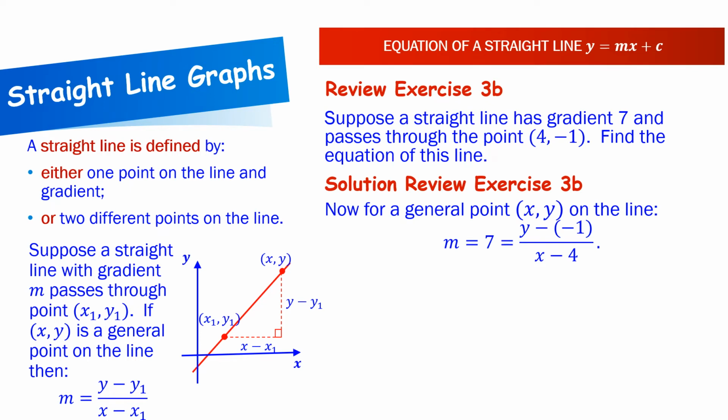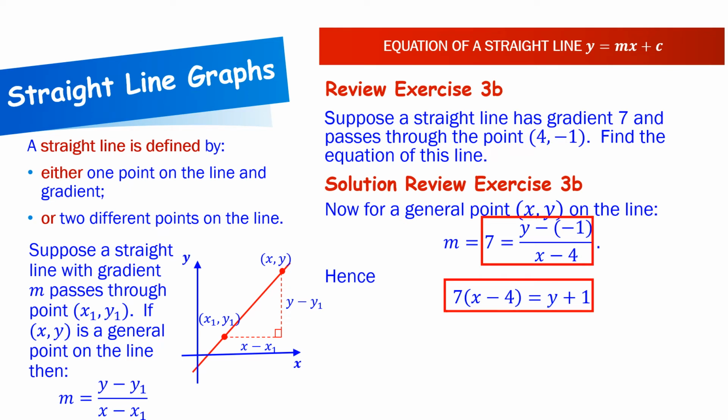So for a general point on the line, we can substitute as shown. Now m equals 7, and this is equal to (y minus -1) over (x minus 4).